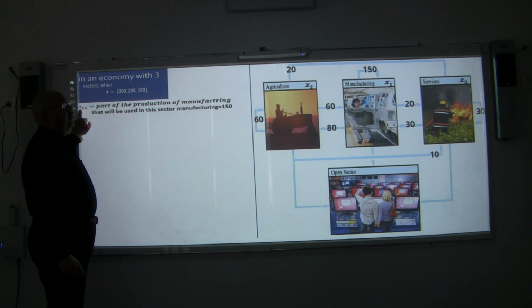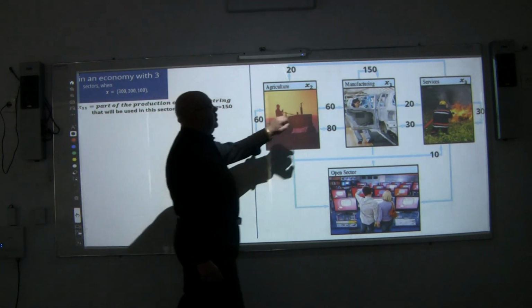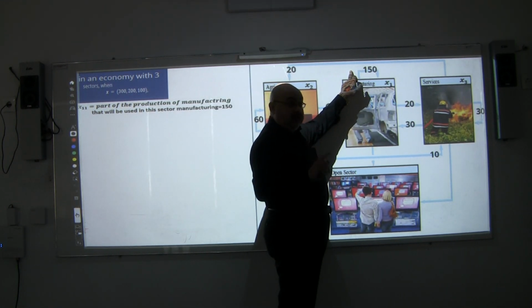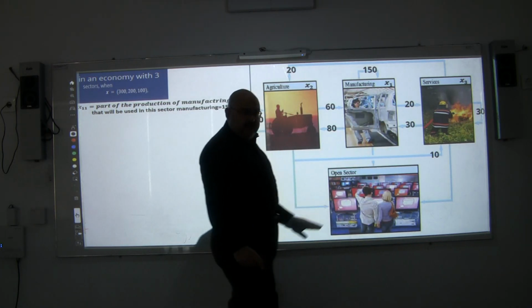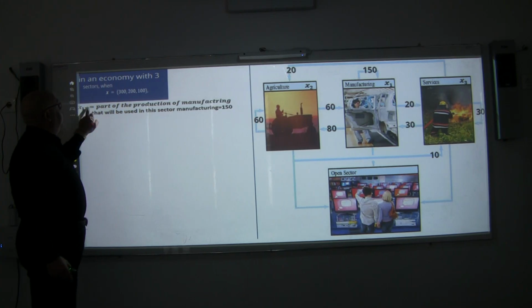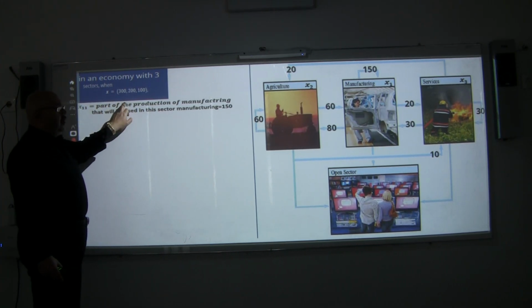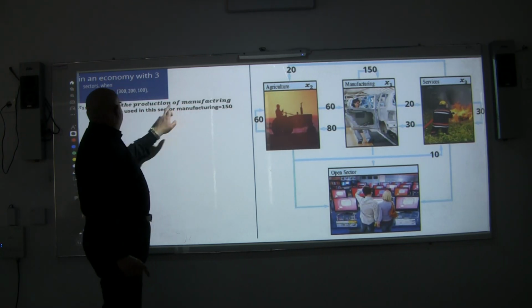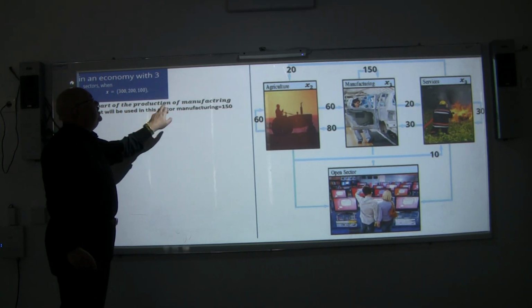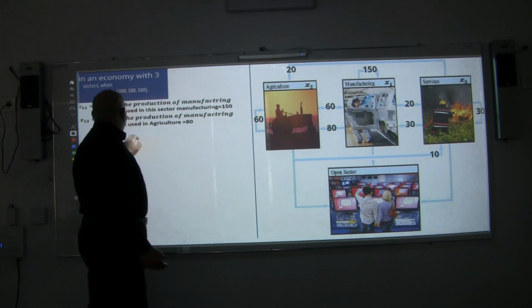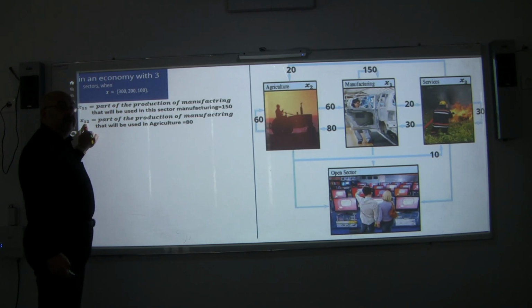Okay, X11. Where is X11? X11 means the 150, which is the part that will be exhausted in the first sector. So X11 is the part of the production of the first sector. What's the first sector, Omar? Manufacturing. That will be used in this sector, manufacturing, which is 150. Let's go for X12. What is X12?